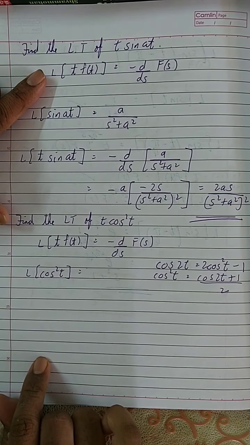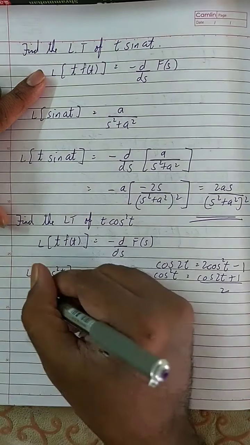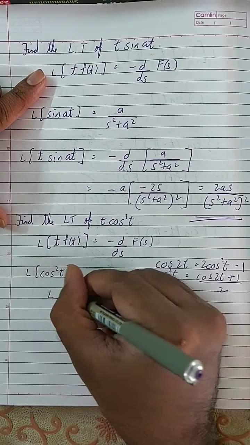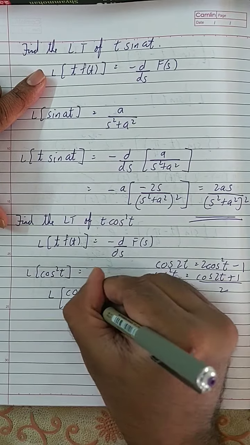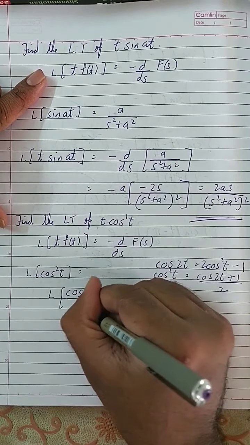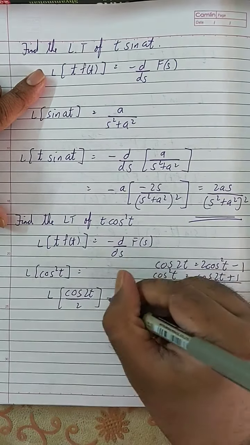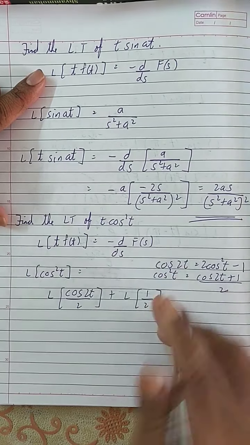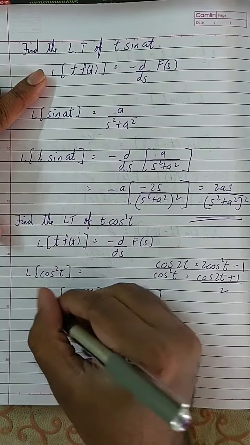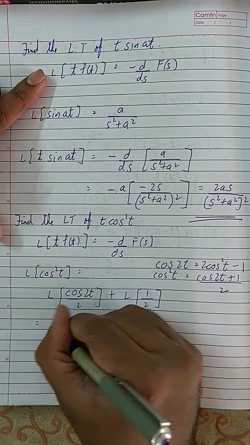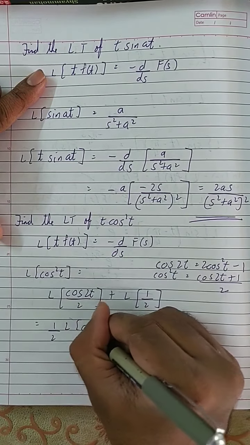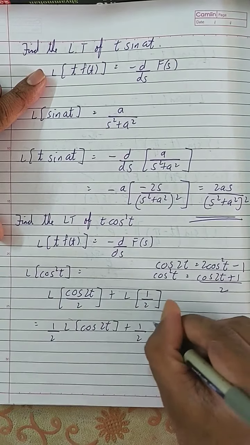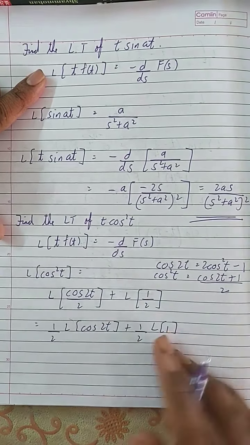So this can also be written as the Laplace transform of cos 2t by 2 plus the Laplace transform of 1 by 2. This can also be written as 1 by 2 the Laplace transform of cos 2t plus 1 by 2 the Laplace transform of 1.